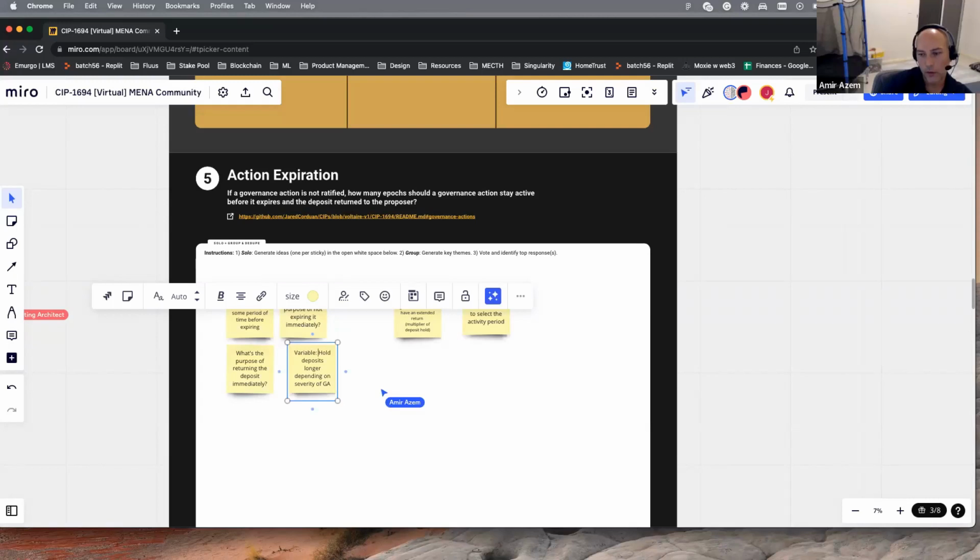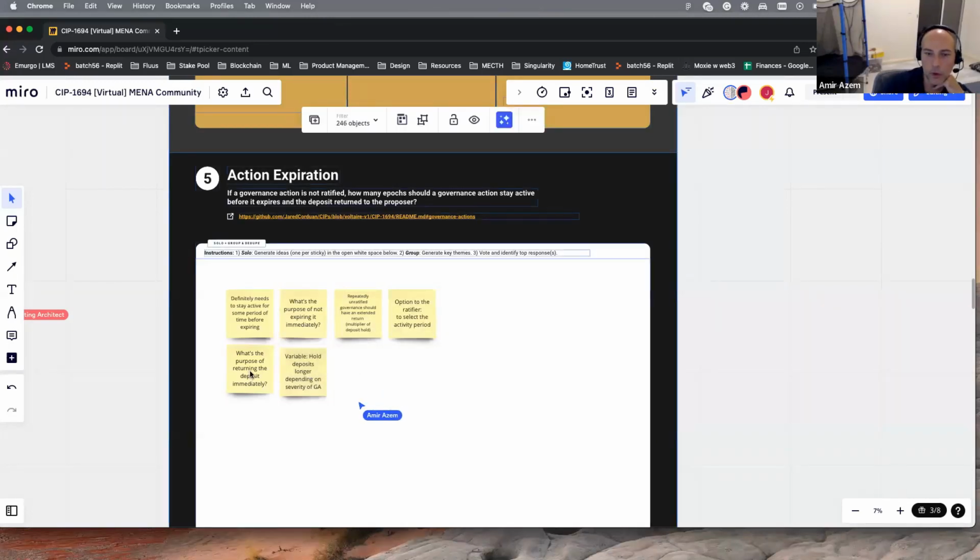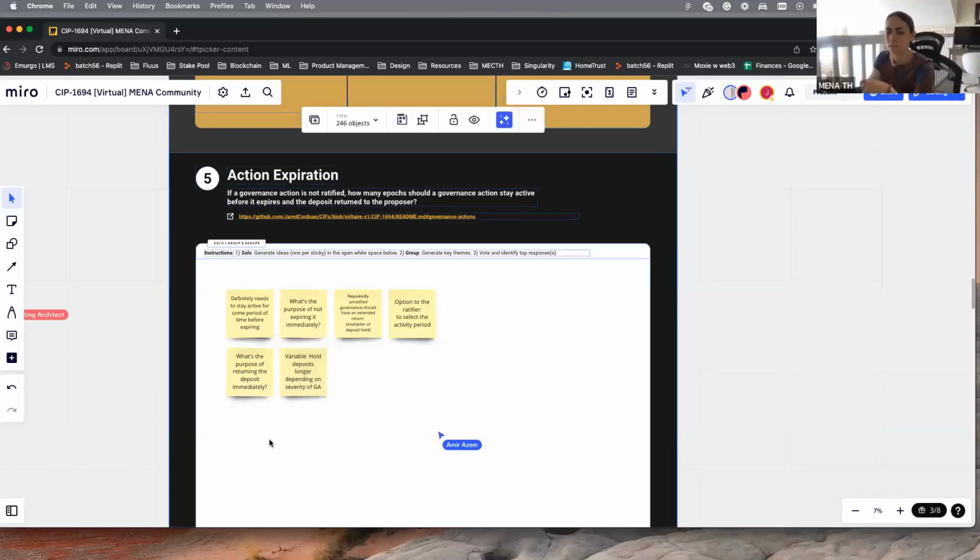We don't want to slash and take their money away, but there should be a consequence of not taking this seriously enough or continuously going against what most of the people want. Exactly. And that's why they're holding their deposits, which will stop them from putting in another proposal if the deposit is large enough. So I think a common theme here is everything should be variable depending on the severity of the governance action.